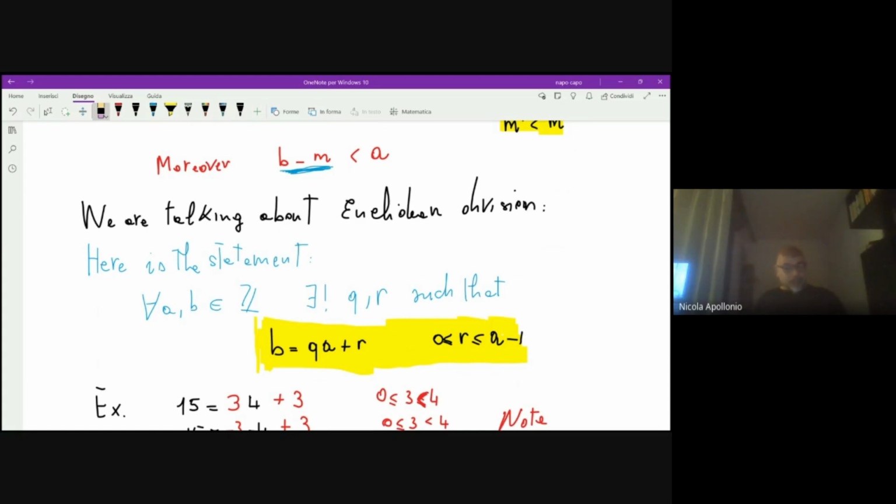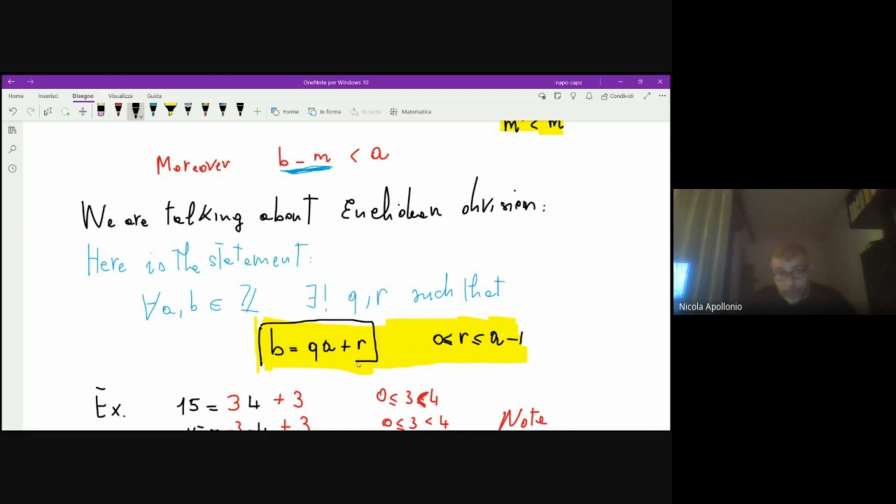Euclidean division, which is otherwise very well known, and whose formal statement is: for each a and b in Z, you pick any two integers, no matter what their sign is, no matter if they are zero or not, there always exist, uniquely determined by a and b, two integers q and r such that b has the following representation.